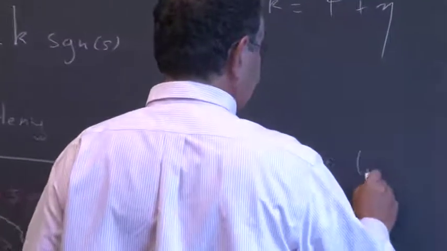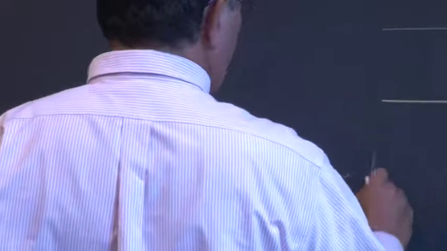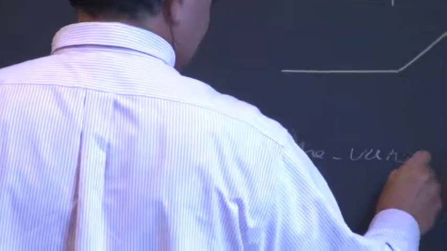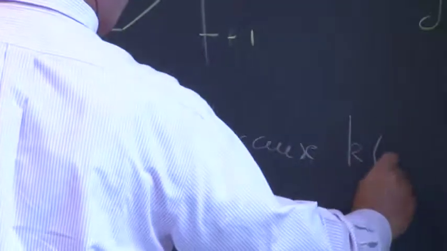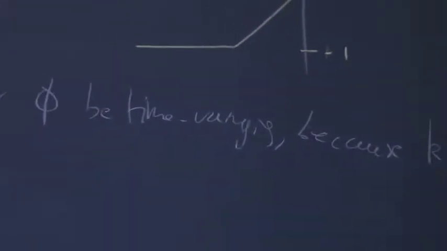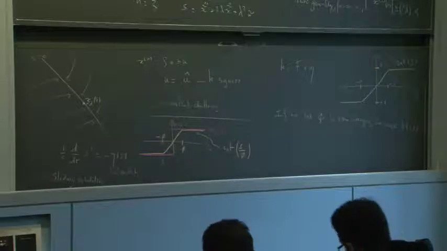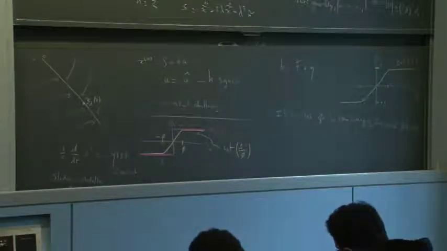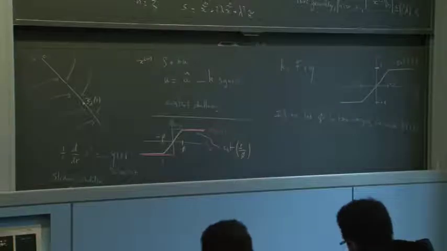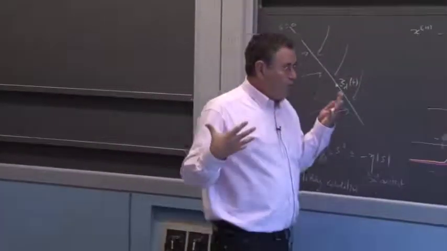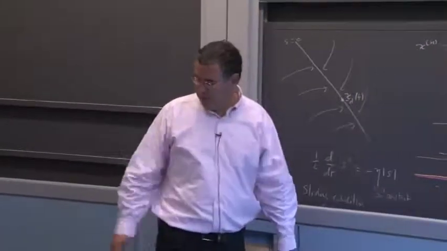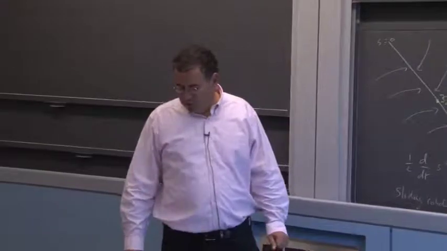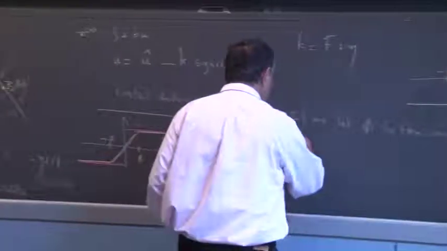So if we let phi be time varying or state dependent, motivated by the fact that k of x,t is state dependent and time varying, we have to be a little more careful. In other words, we have to say more explicitly under which condition it will be true that once we're in the boundary layer, we stay in the boundary layer.